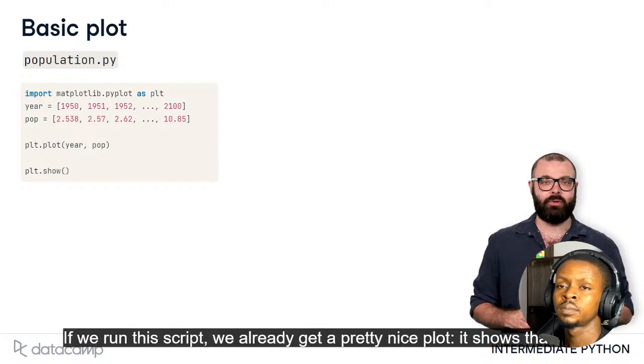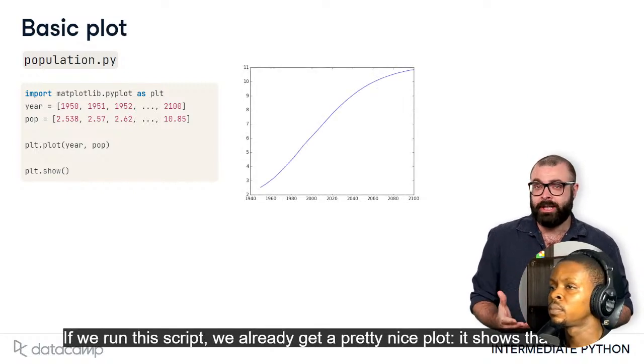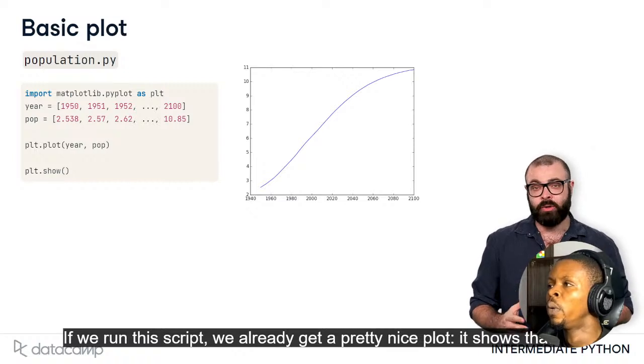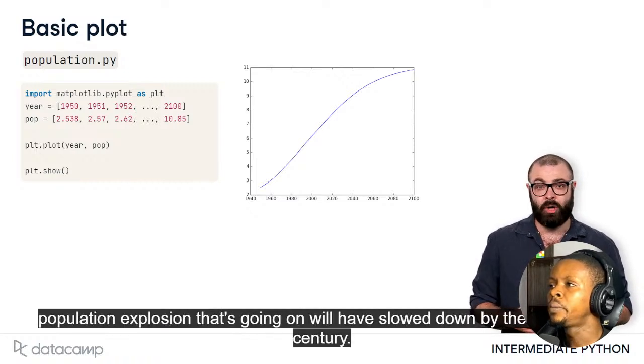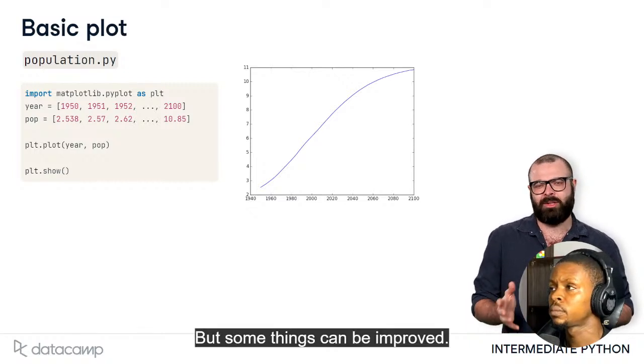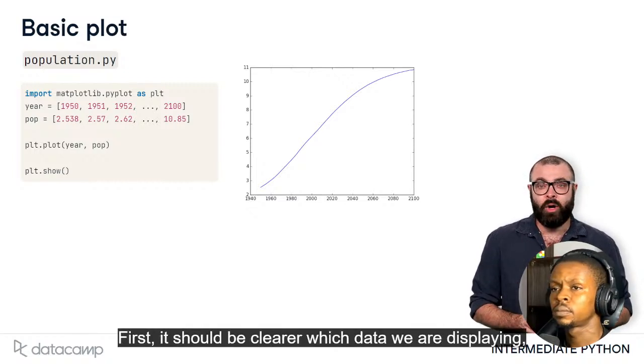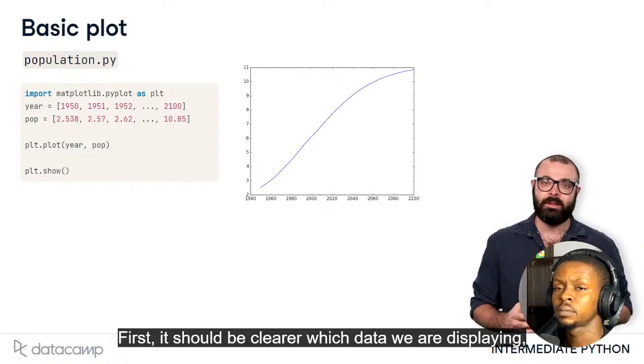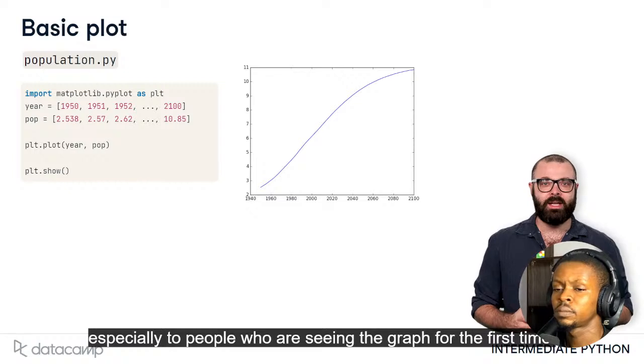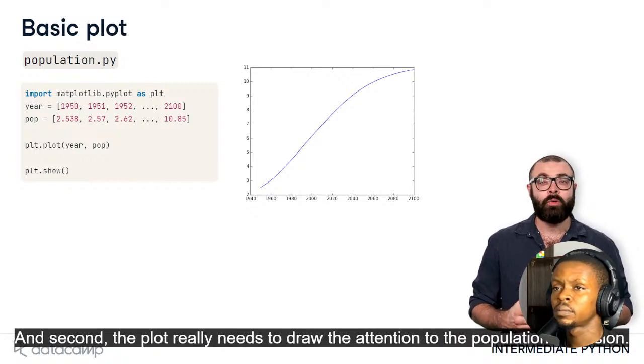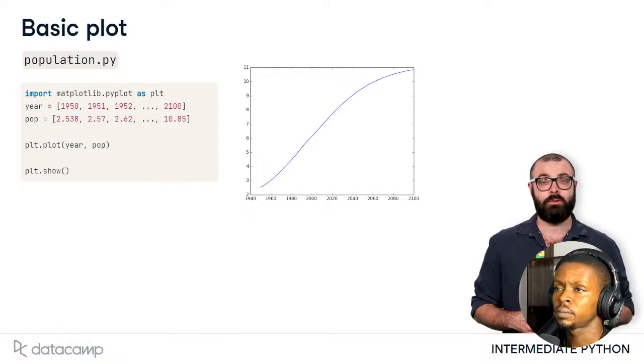If we run this script, we already get a pretty nice plot. It shows that the population explosion that's going on will have slowed down by the end of the century, but some things can be improved. First, it should be clearer which data we're displaying, especially to people who are seeing the graph for the first time. And second, the plot really needs to draw the attention to the population explosion.